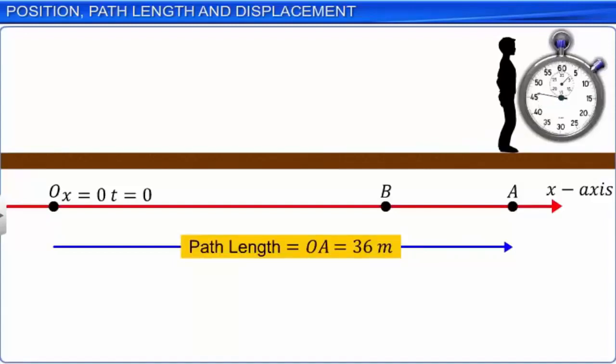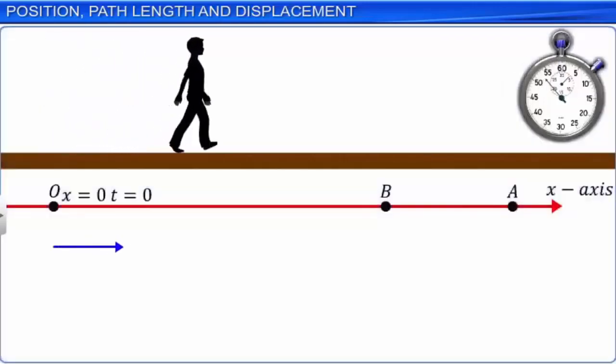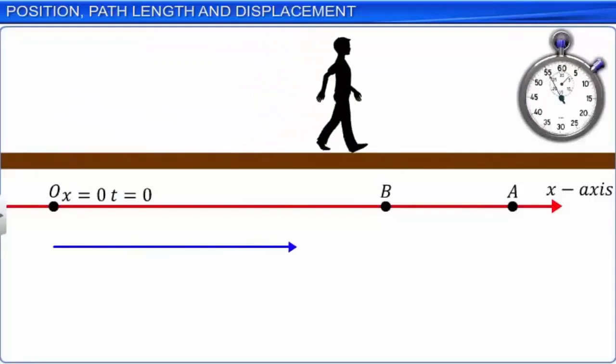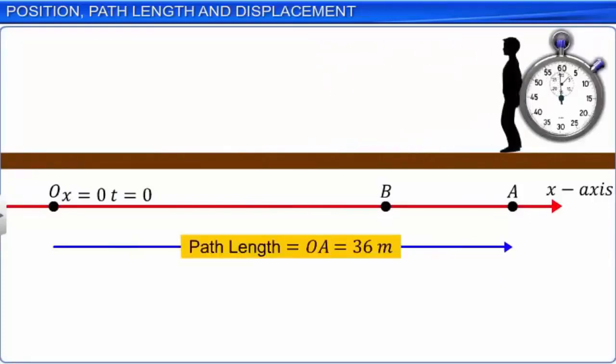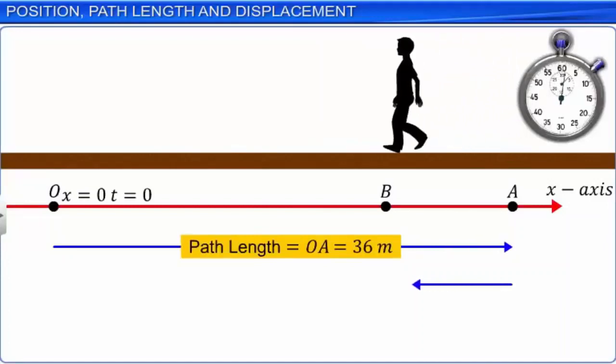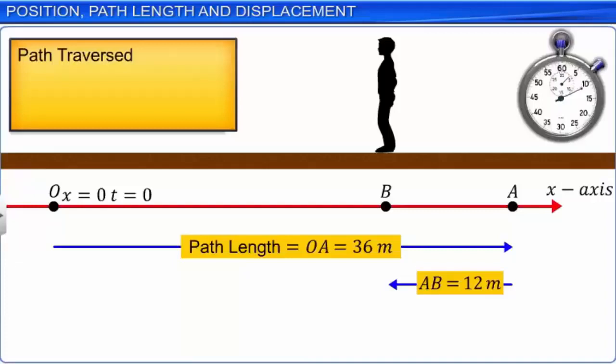In the second instance, the man moves from O to A and then moves back from A to B. The distance between points A and B is 12 meters. Now, the path length traversed by the man is OA plus AB, equal to 36 meter plus 12 meter, which is equal to 48 meter.